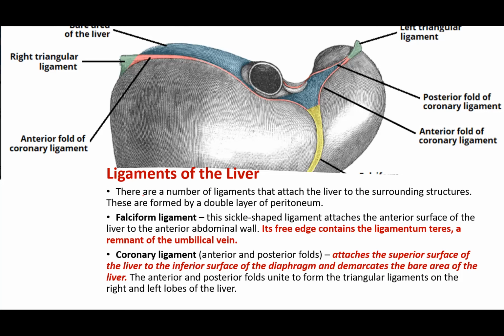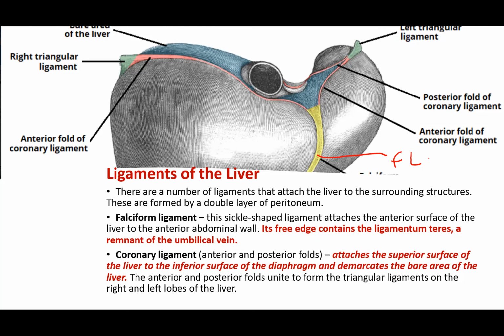Now, the falciform ligament. This is the falciform ligament. It's a sickle-shaped ligament, attaches the anterior surface of the liver to the anterior abdominal wall. Its free edge contains the ligamentum teres, a remnant of the umbilical vein.